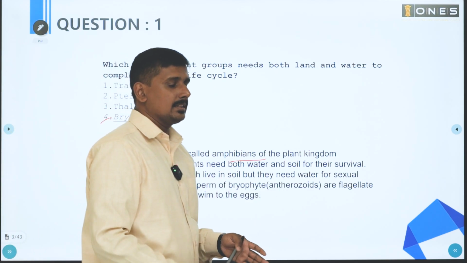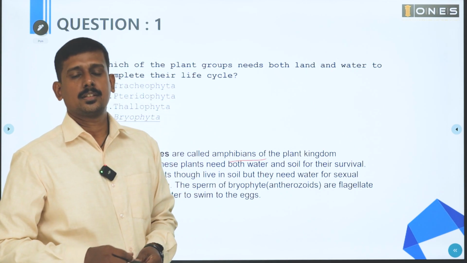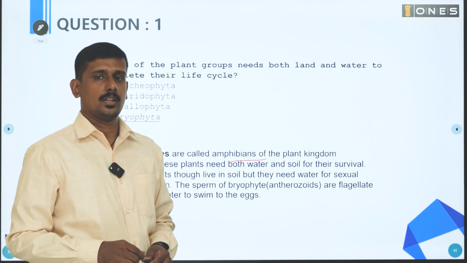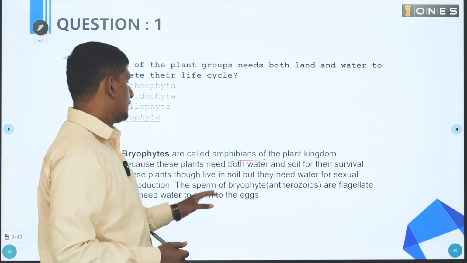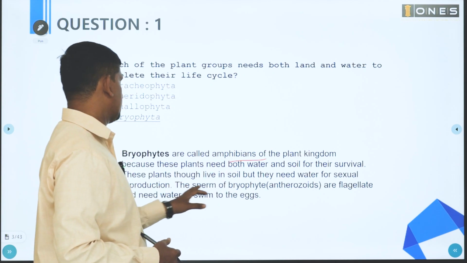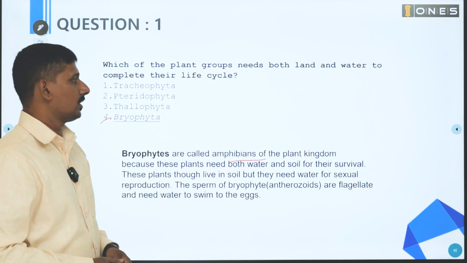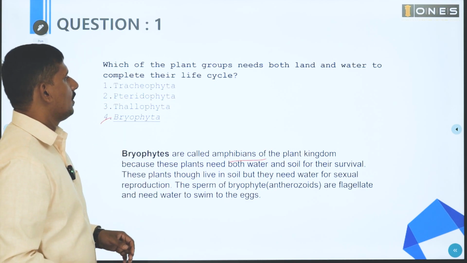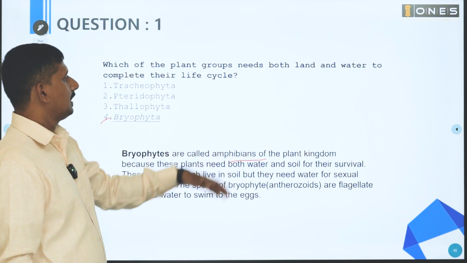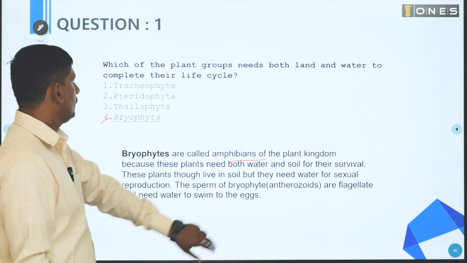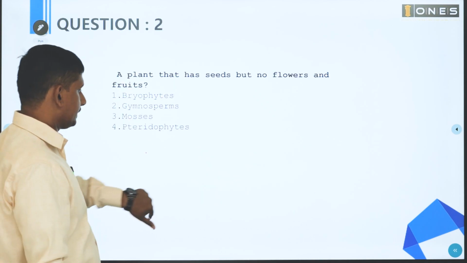So, since Bryophyte sperms are flagellated, they require a watery medium to move through. That is why the answer is Bryophyta, the plant group that needs both land and water to complete its life cycle.